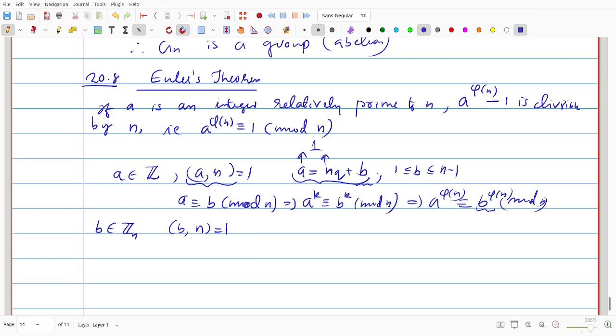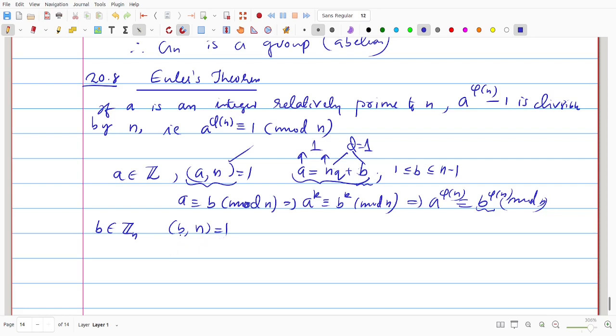If n and b had a common divisor d, then it would also be a common divisor of a. Since the highest common divisor of a and n is 1, the highest common divisor of n and b will be 1 as well. Otherwise, there would be a contradiction. So we have GCD of b comma n equal to 1.